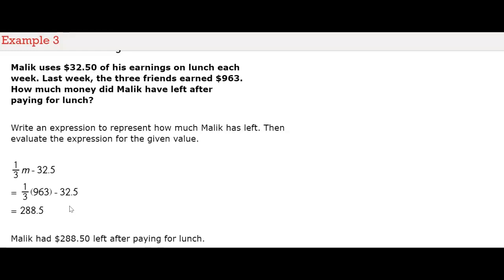Let me just give you a visual of that really quickly. When you are multiplying a fraction, we know that a whole number is a fraction as long as you put it over 1. So when we are multiplying this, you multiply straight across.